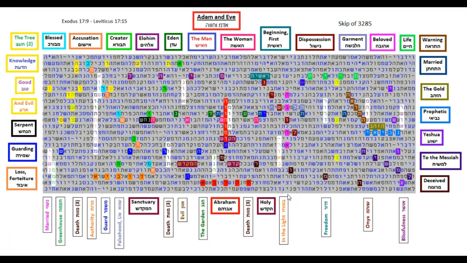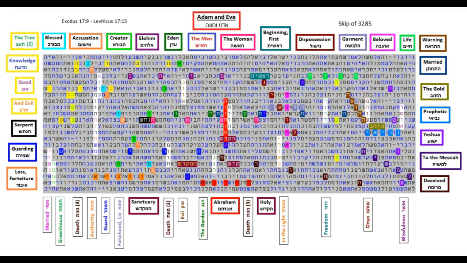In Genesis chapter 2, verse 12, it tells us that gold was in the land, and here is gold, the gold, ha-zahab. And it also says that onyx was plentiful in the land, and onyx is right here at a right angle.